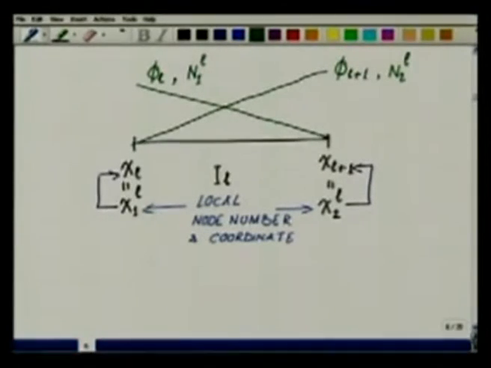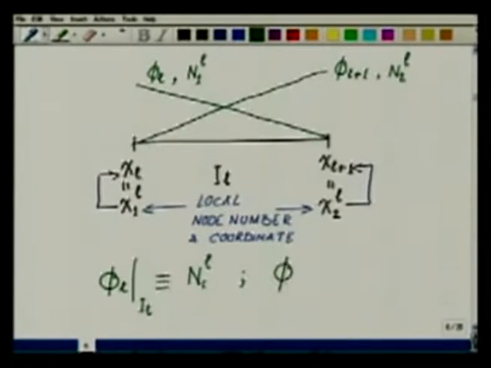You should remember that this phi_l in the element I_l is equal to N_1 of the element l. Similarly, phi_{l+1} restricted to the element l is identically equal to N_2 of this element l.